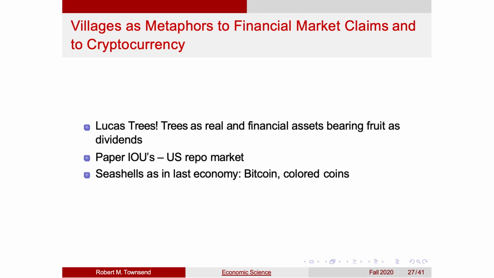He actually meant financial markets. So a security is an asset like a tree that bears dividends like fruit. So this is the language that allows us to go back and forth from something concrete like a tree in a village to something a little more abstract like financial securities.